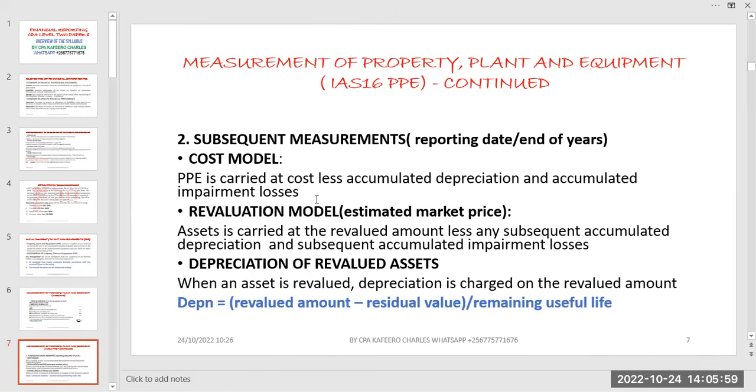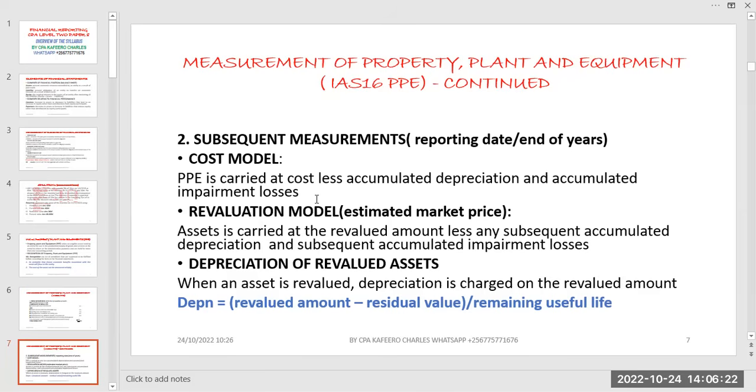What figure are you going to take? Are you still going to maintain the cost, or are you going to use a different figure? We said in our first video on financial reporting that there are other measurement bases that we use.